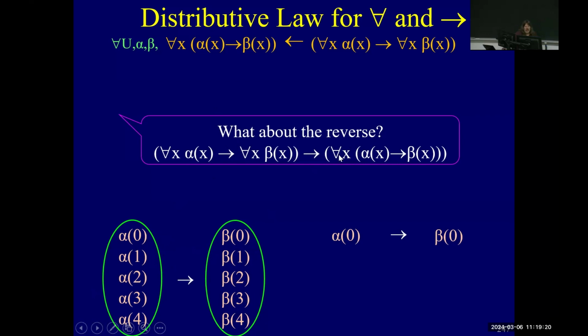And now I say, well, I need to prove this. So how do I prove this? I say, adversary, give me an arbitrary X. And the adversary gives me 0, right? Why not? They're all about the same.